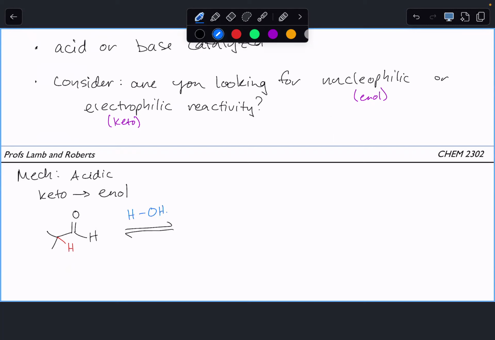We'll just use a generic H3O plus acid. We're going to protonate the carbonyl, because it's the most basic site of our molecule. So positive charge in acidic conditions, that's good.